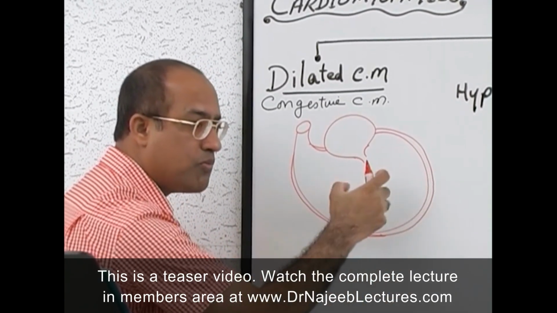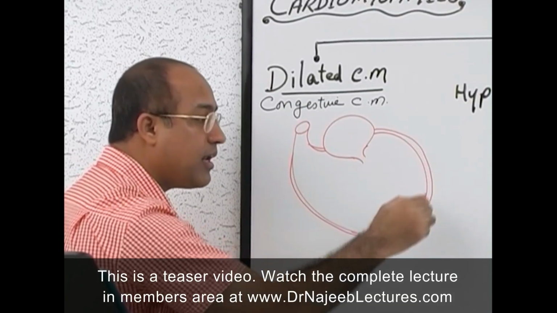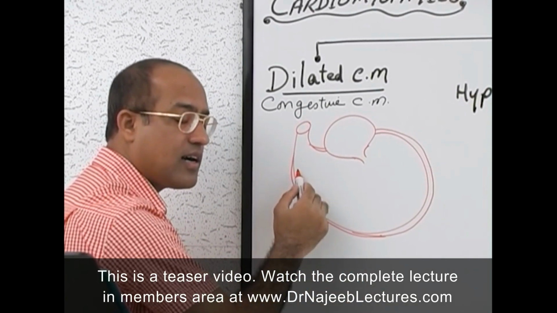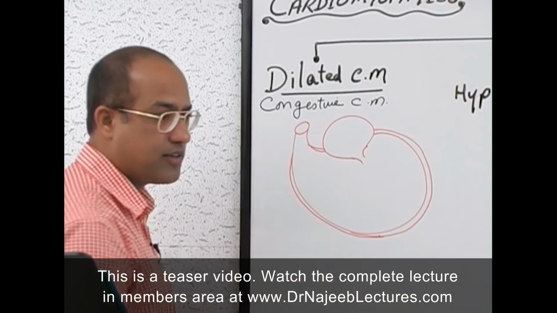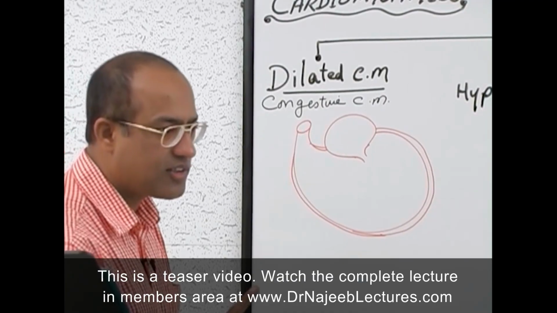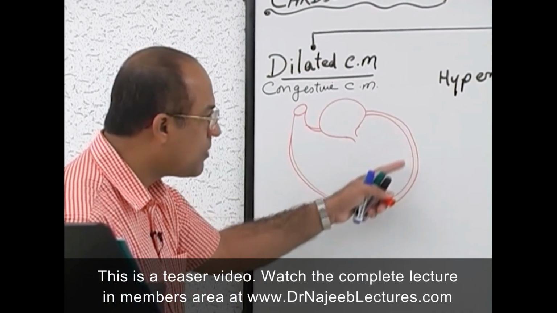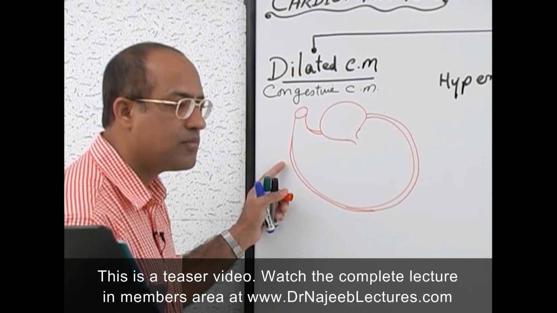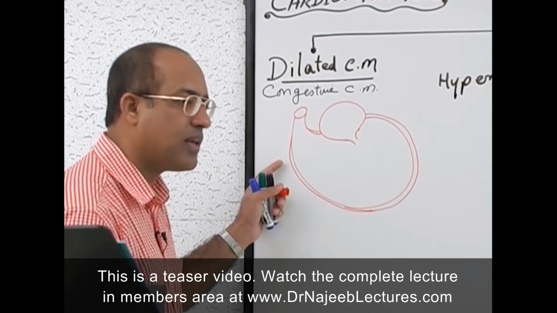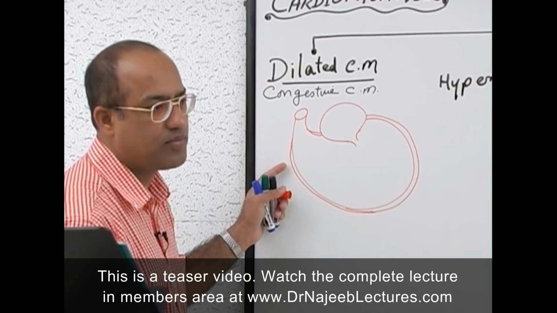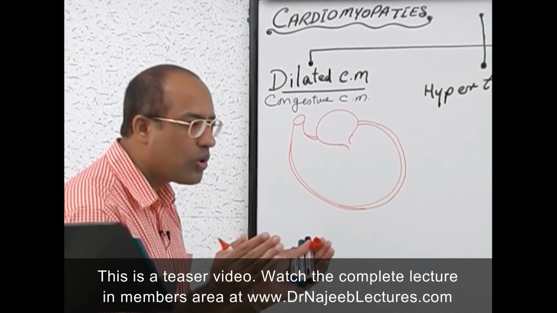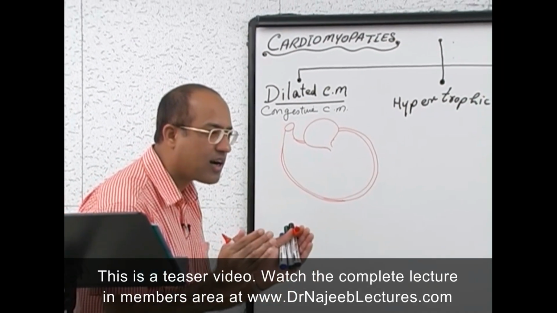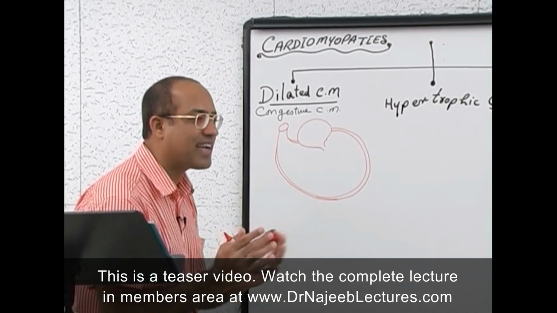Hypokinesia means impaired movement of myocardium. There is global impairment in the contractility of myocardium. If you want to remember it in a single sentence, there is global impairment in the contractility of myocardium, usually the left ventricle as well as the right ventricle. It is a slowly contracting, poorly contracting heart, or we can say it's a hypokinetic heart.